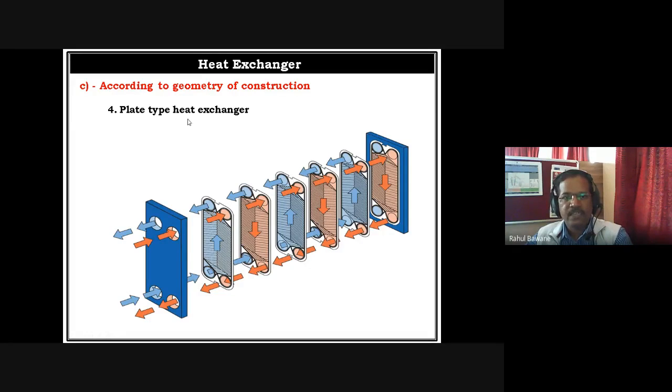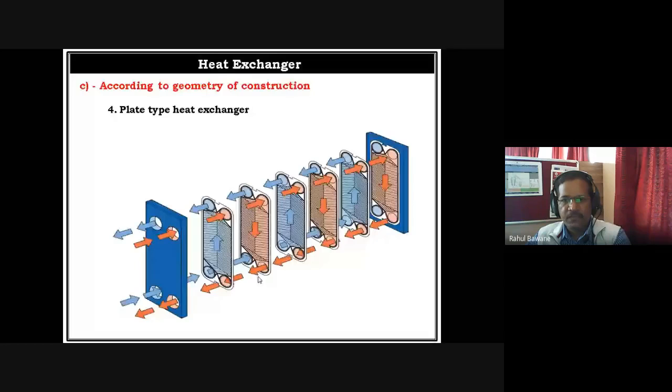Now plate type heat exchanger. Here there are thin plates, and they are sandwiched in between, and during the sandwich arrangement it is made such that one plate section is made for cold fluid and the second plate section is made for hot fluid only. So fluid cannot be mixed. Now here from the bottom this blue arrow shows cold fluid.